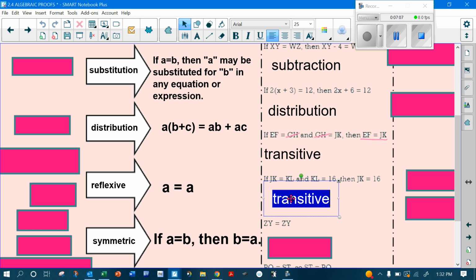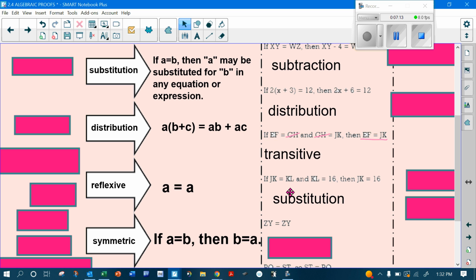This is a much better example of substitution, and I could have very well gotten them backwards when I was making this. So if JK is equal to KL and KL is equal to 16, then I'm going to replace this KL with 16 because that's what it's equal to. So now I know that JK is equal to 16. So this would be substitution. This is transitive. But notice how similar they are, and they are sometimes interchangeable.